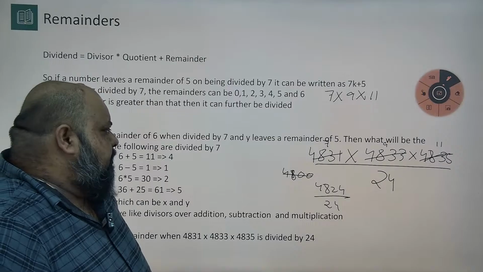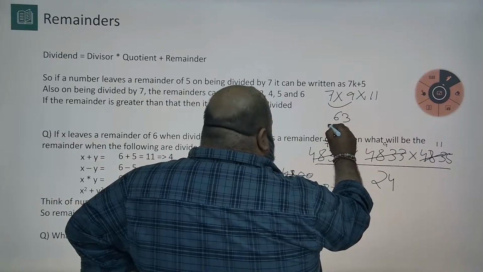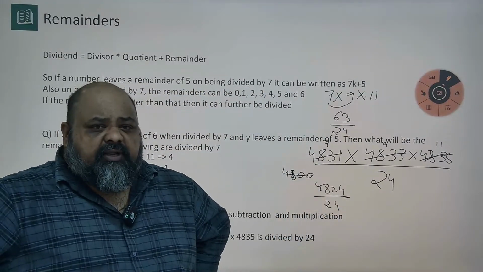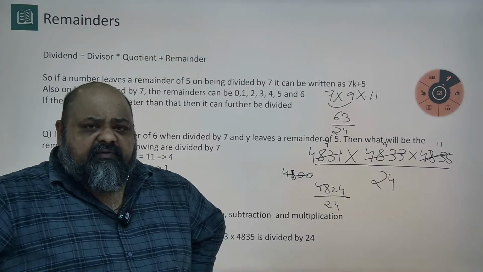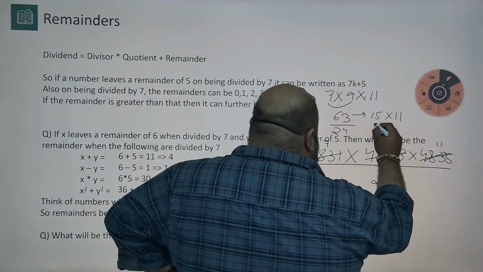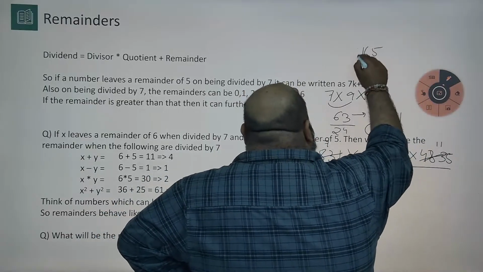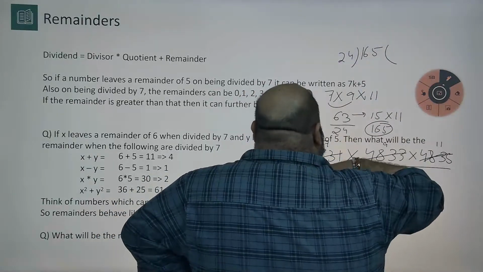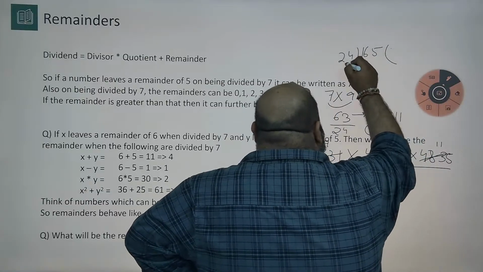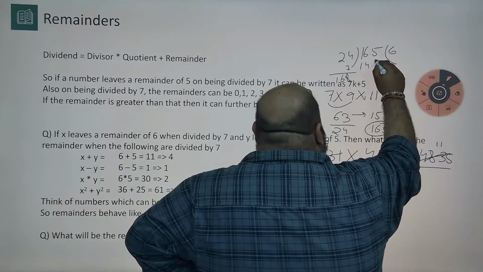7 into 9 is 63. 63 divided by 24. This will be how much? 24 2s are 48. 48 and 63 is the remainder of 15. So from here I get remainder 15. Multiply by 11 again. 15 into 11 is 165. So finally I just check for 165 divided by 24. 24 into 6 is 144.